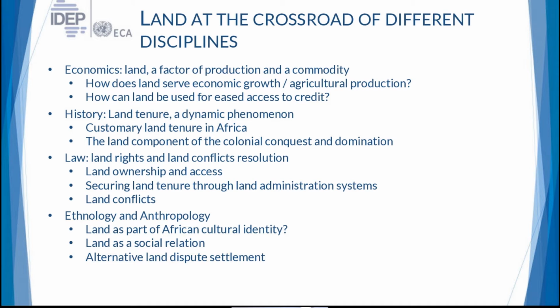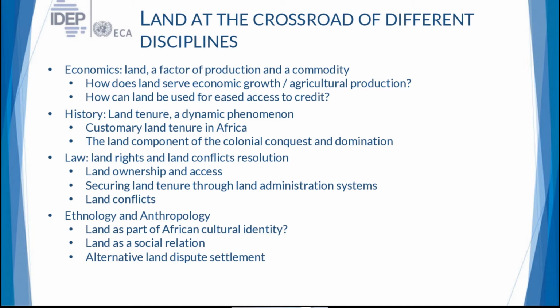Anthropologists consider that land is first and foremost a social relation. As I said, land is about the people. Land is relation amongst different people, different groups, and the land is just the support of social relations, social interaction.